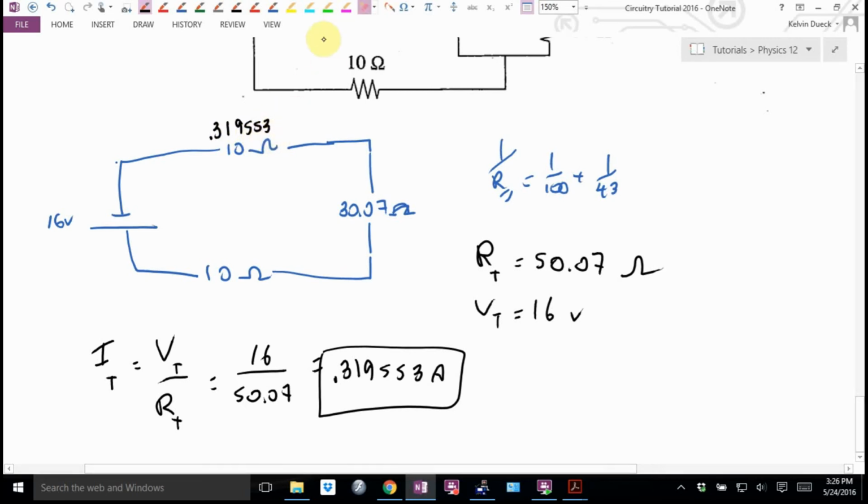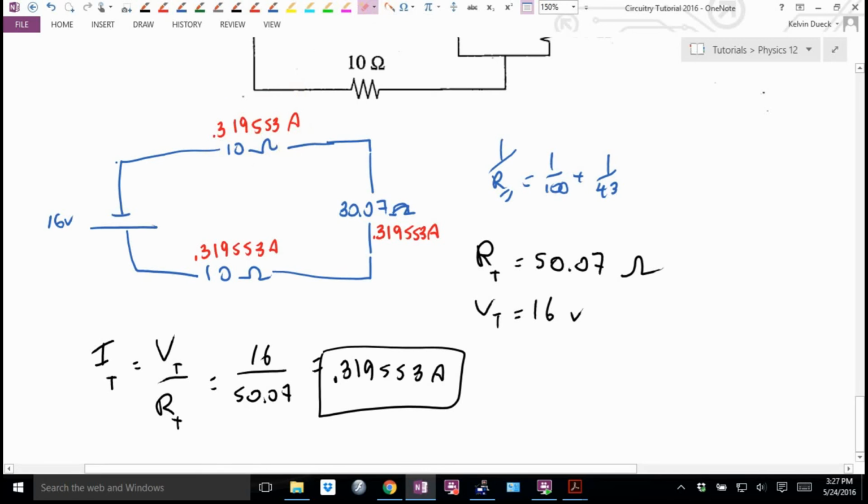Let's change colors. 0.319553 amps. 0.319553 amps. And in my mathematically equivalent, 0.319553 amps. How many volts? You're multiplying by 10, Clay.